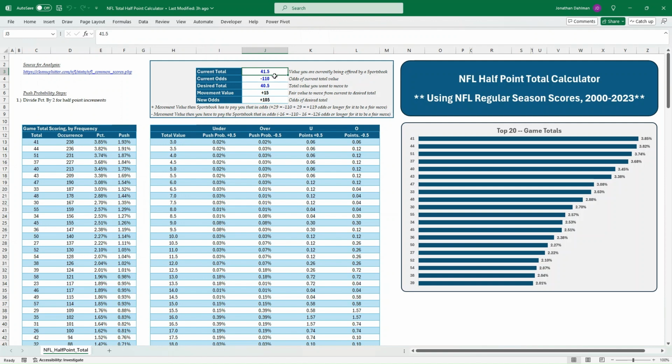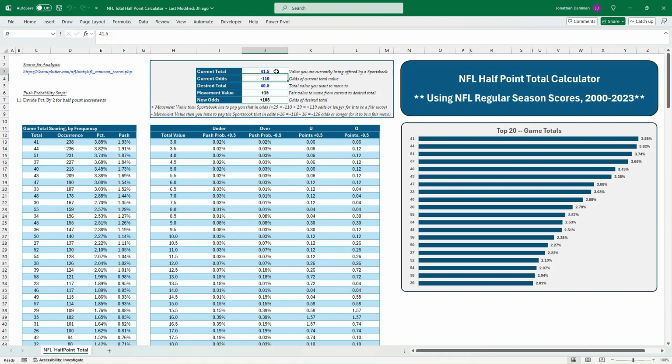So let's look at our totals over here. This 41 is the most likely outcome. If we wanted to go under that, and the current line offered is 41.5 points at odds of minus 110, and we want to move down to 40.5, and do some line shopping to see what sportsbooks are offering that 40.5, what would that be worth to us?